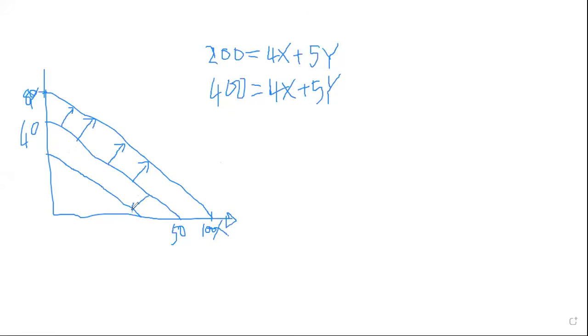So it will come down to the left when income decreases, but prices of the commodity remain the same, right? So you see what would happen to the budget line with an increase in income and then a reduction in income. So with income changing, with prices remaining the same, the budget line would shift parallelly, either to the right or to the left, right?